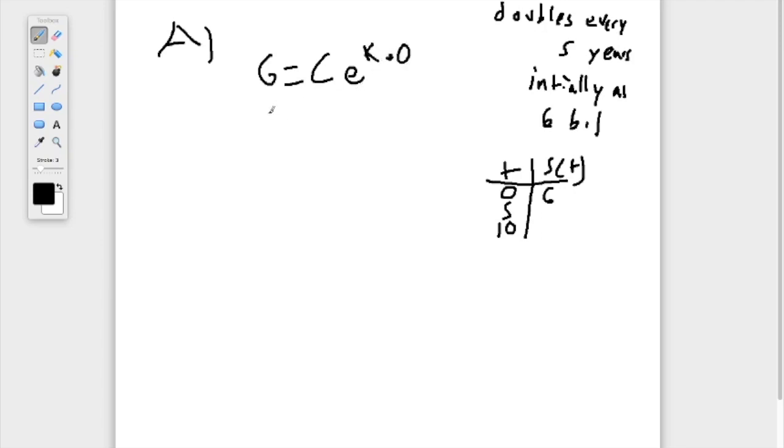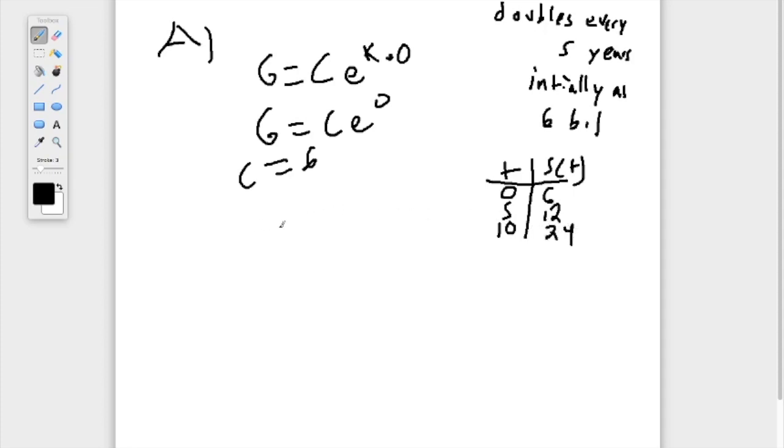This is the same thing as 6 equals C e to the 0, and e to the 0 is just 1. So you get a C value of just 6. Now, it doubles every 5 years. So when t equals 5, or 1985, it would be 12. And then at t equals 10, it would be 24.